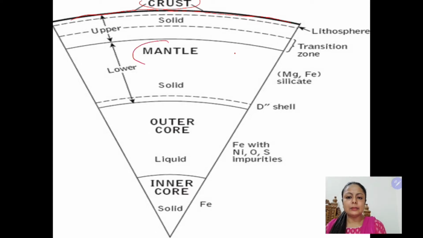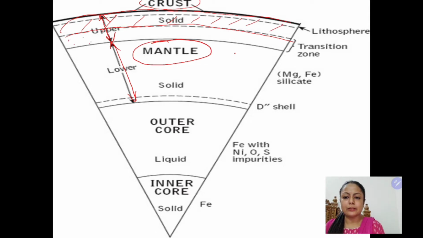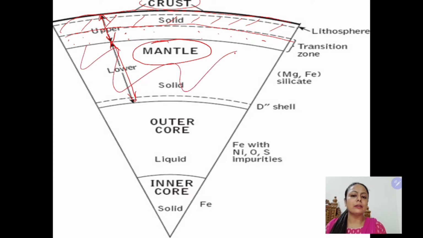You can see the mantle is in two parts, the upper mantle and the lower mantle. The upper mantle can be divided into two parts, the upper part of the upper mantle and the lower part of the upper mantle. This is the lower part of the upper mantle, and this is the lower mantle.